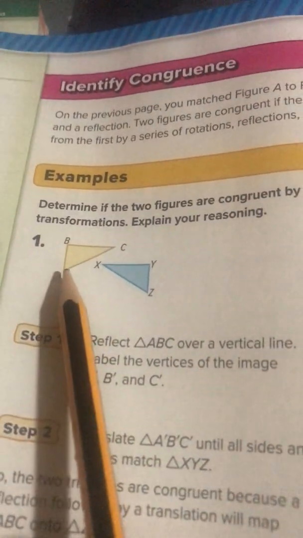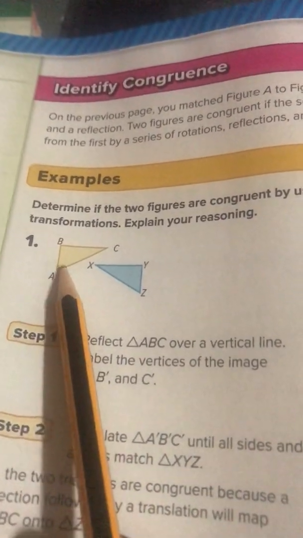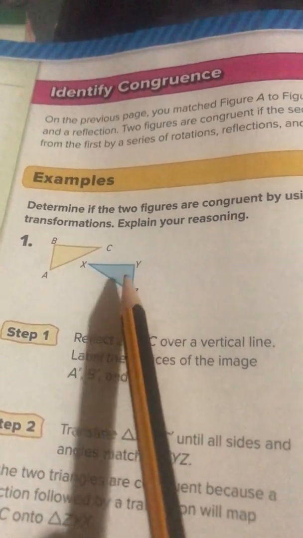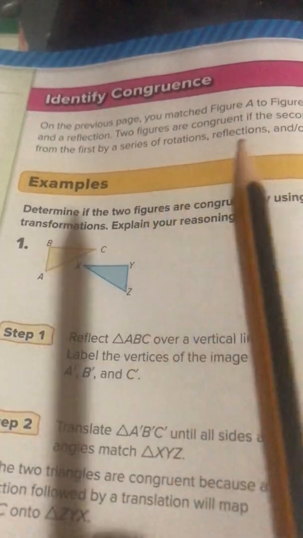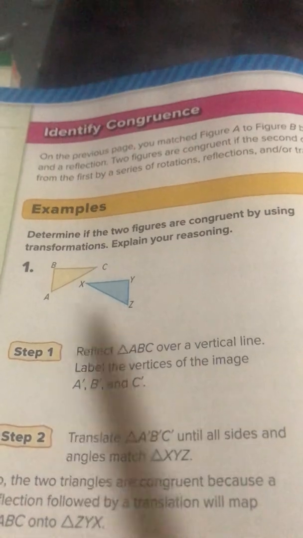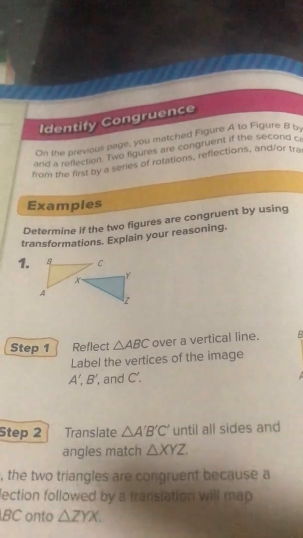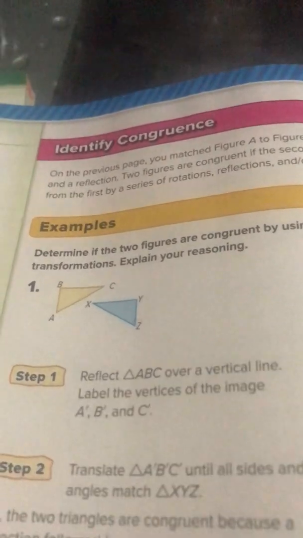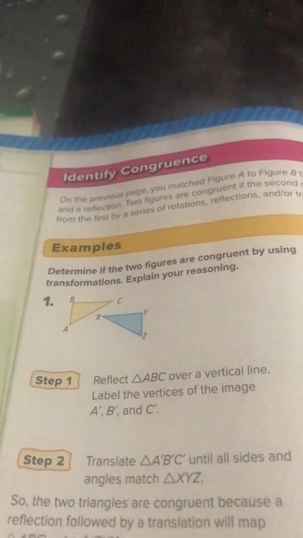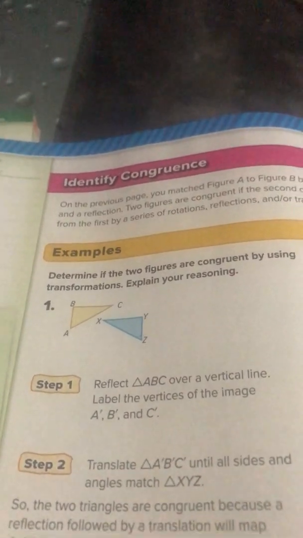Now let's look here. You see this triangle, the yellow one? We want to map it on top of the blue one. So which transformations am I going to do? Am I going to do translation, reflection, rotation, or dilation? One, for you to be congruent, you cannot do dilation.